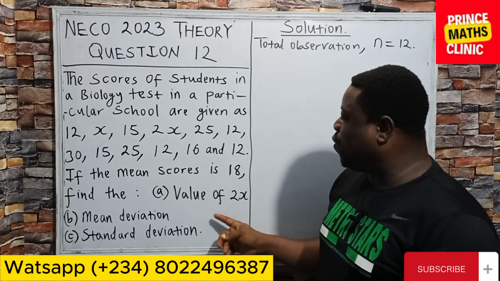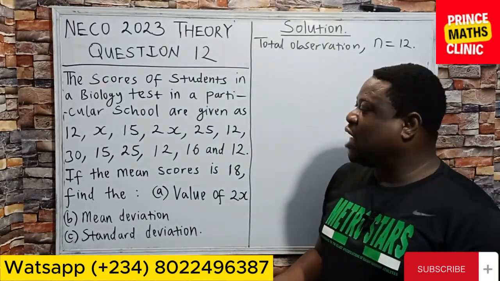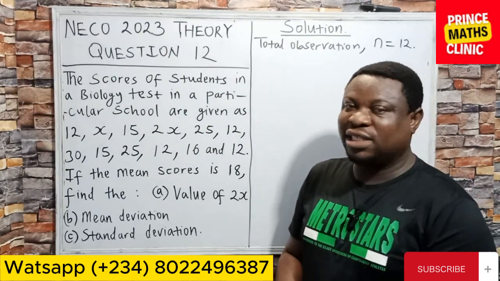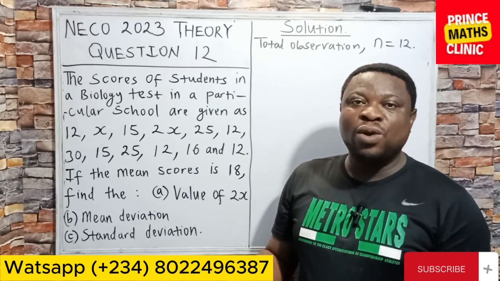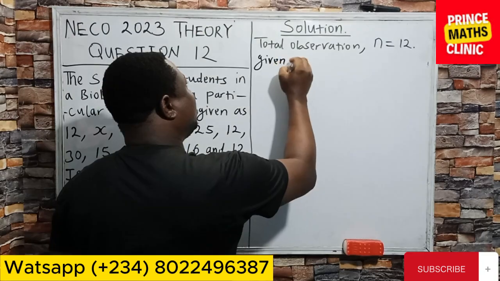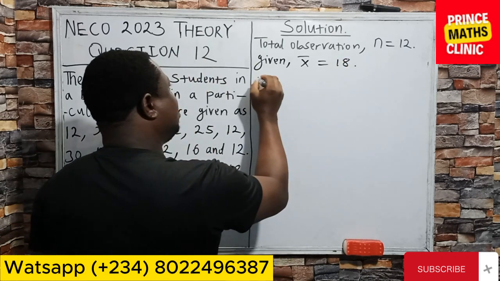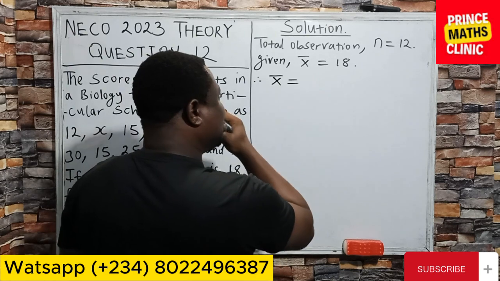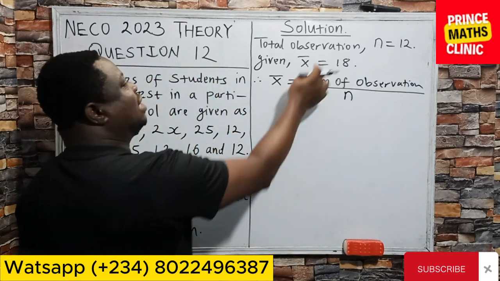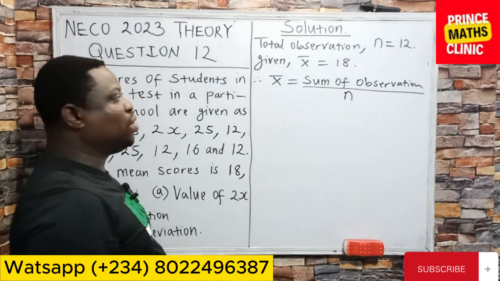To find the value for 2x, we need to know the value for x. And the easiest way to find the value for x, since we are given the mean, is to use the formula for mean. Given that the mean is 18, therefore mean is equal to the sum of all the observations over n, where n is the total number of observations.